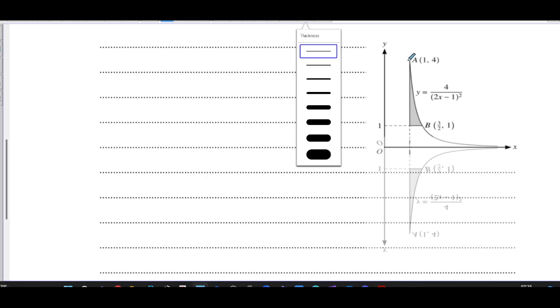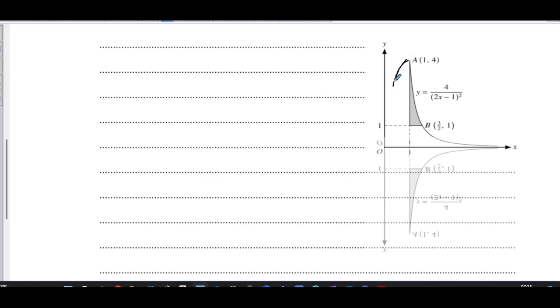So you'll end up with something that looks, if you try to make this three-dimensional, like a ring.